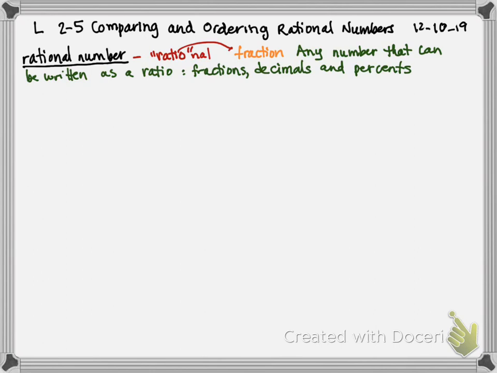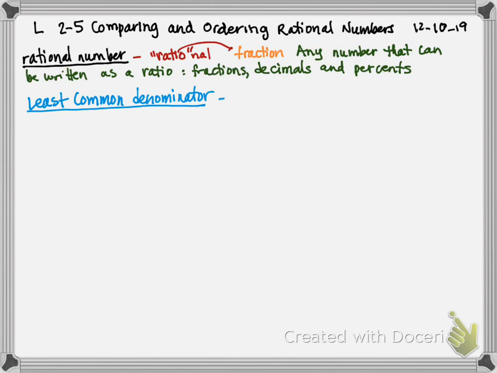Okay, so to compare and order rational numbers, there are some things that we need to review. I'm going to give you some suggestions. So first thing I want to do is talk about this idea of least common denominator. Now, we've been talking about least common multiple at the beginning of chapter 1, I think it was.